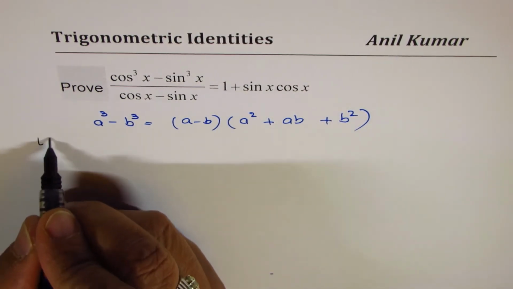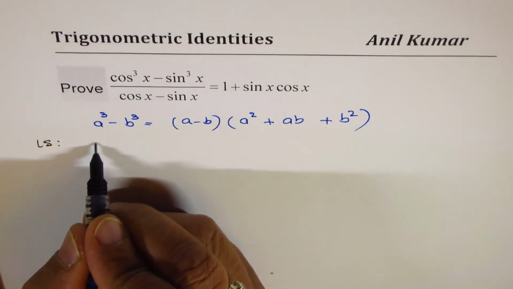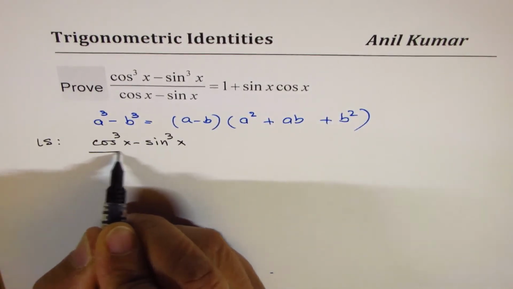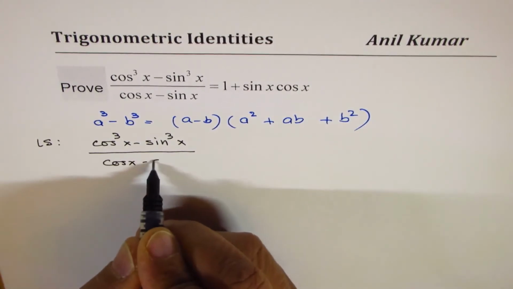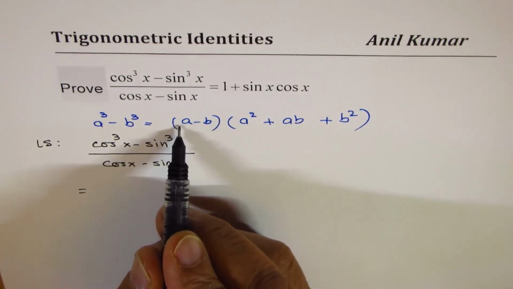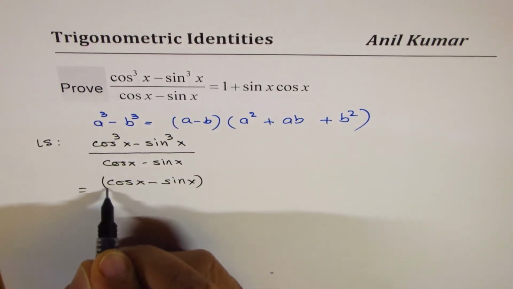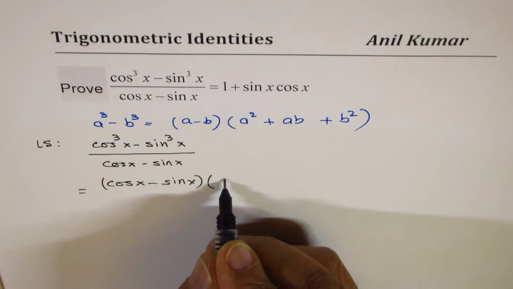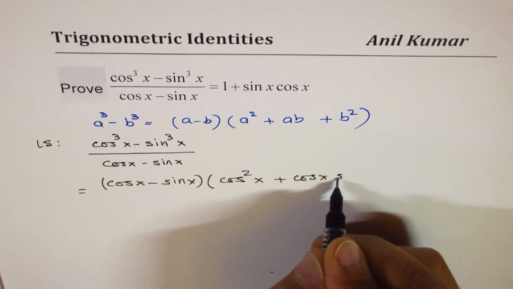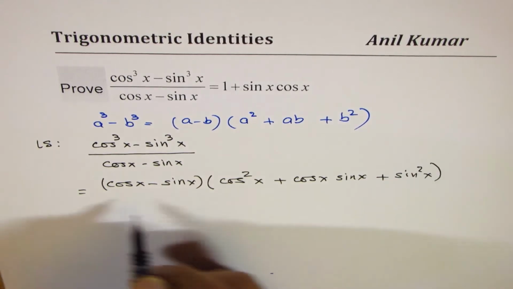Let's begin from the left side, which is a difference of cubes. So the left side, cos cube x minus sine cube x over cos x minus sine x, can be written as the difference of these two, which is cos x minus sine x, times the square of the first one, which is cos square x, plus the product of these two, cos x sine x, plus the square of sine, which is sine square x, correct?